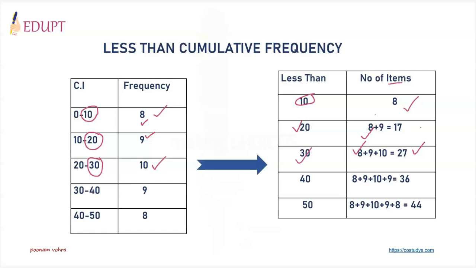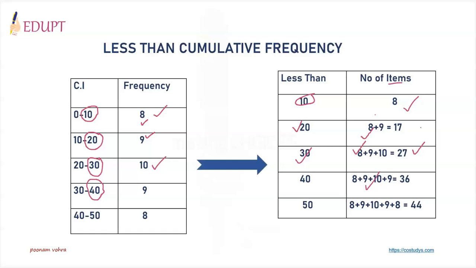Similarly, one can find the values which are less than 40. All those which are already included plus the value of this class interval, that is 8 plus 9 plus 10 plus 9. Once again, it is 36.